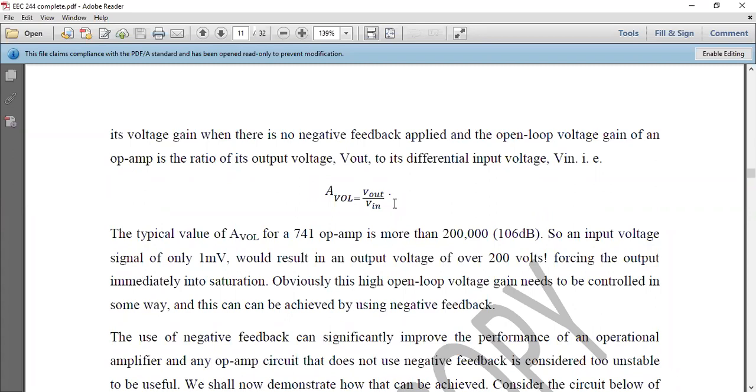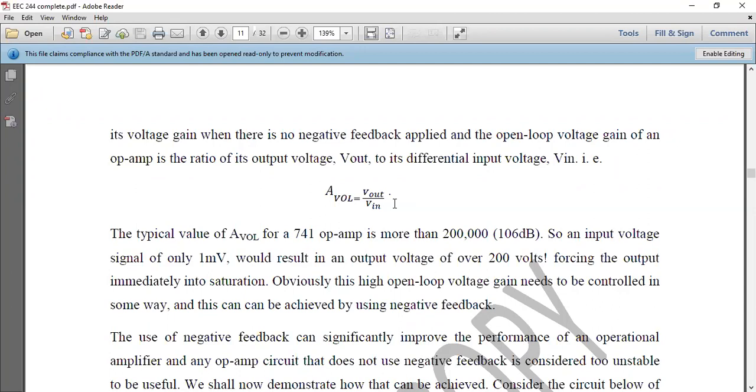Now, for a typical 741 operational amplifier that has more than 200,000 gain, when you send in only 1 millivolt, what will you get at the output? You will get up to 200 volts. And that will make the operational amplifier saturate quickly because the amplification is so high.